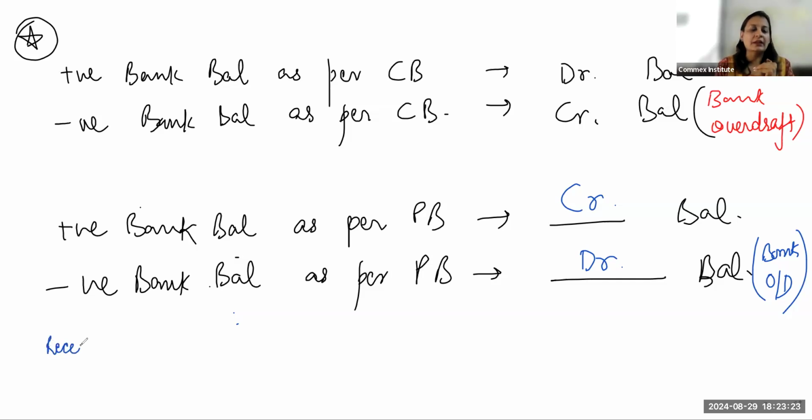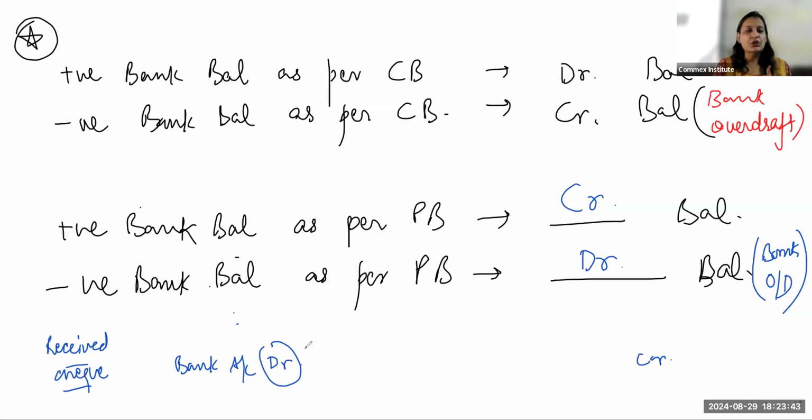I received a check. So for received check, what is the transaction? What do we do to the bank account? We debit the bank account. Whenever we receive the check. But my banker, whenever he receives a check on my behalf, he is going to credit my balance. So whenever my balance is increased, my cashier debits my account and my banker credits my account. Both record the same increase. Whenever bank balance increases, my cashier debits it, but my banker credits the same thing, because he records the entry from his point of view. For him, whatever credit balance I have is a liability. He has to pay that amount to me.